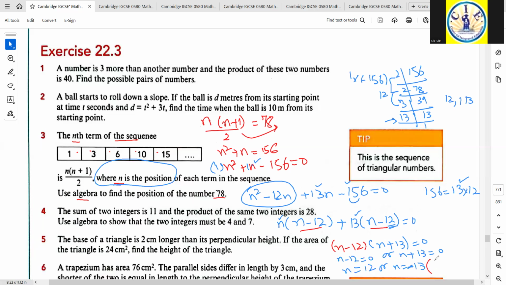So we neglect or ignore the negative value of n. So finally we get that n equals 12. That is the required answer. So the position of number 78 would be the 12th position. This is it. So this was question number 3.